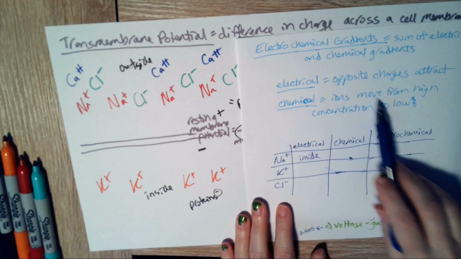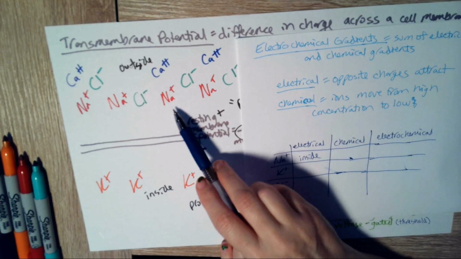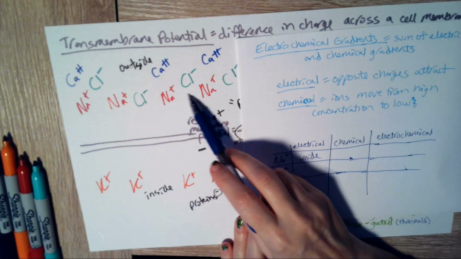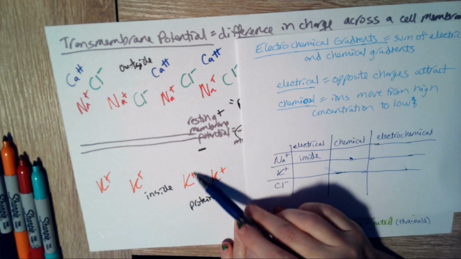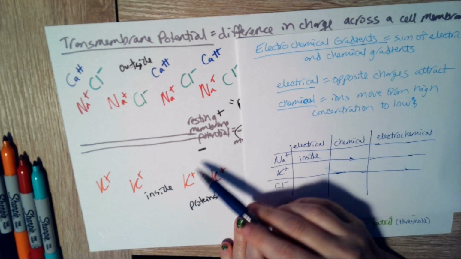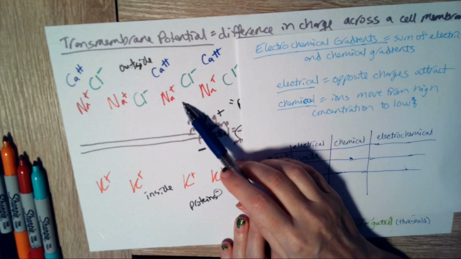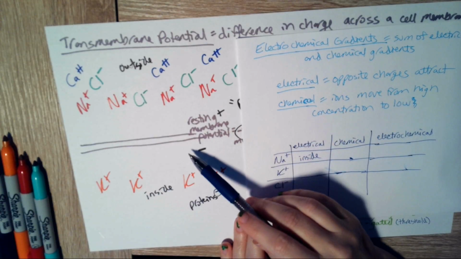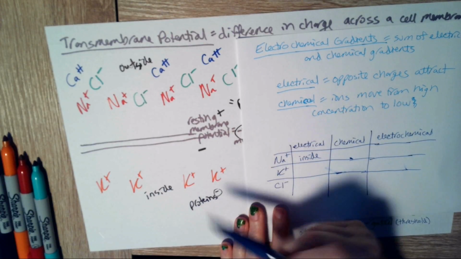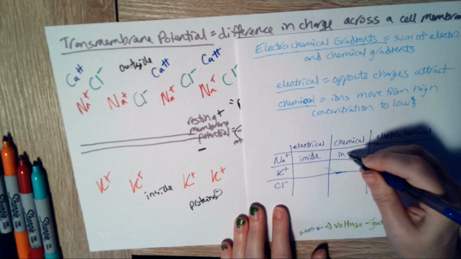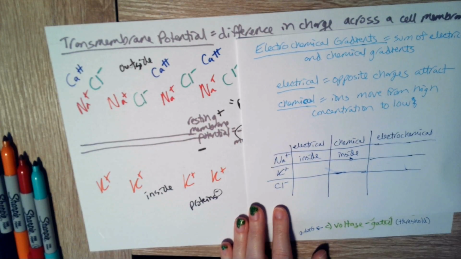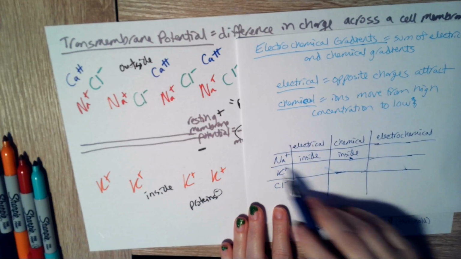Chemically speaking, ions move from high concentration to low. We have a high concentration of sodium out here, a low concentration of sodium inside here. So which way does sodium want to go? Does it want to stay outside where there's a lot of it, or does it want to go inside where there's not so much of it? And again, inside is the answer there. It wants to go from high concentration to low. So this one is easy.